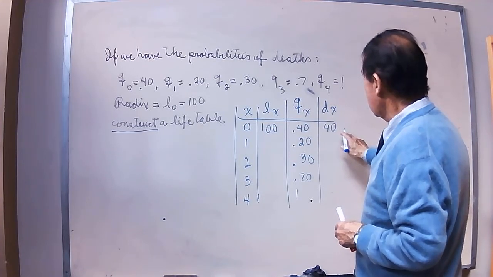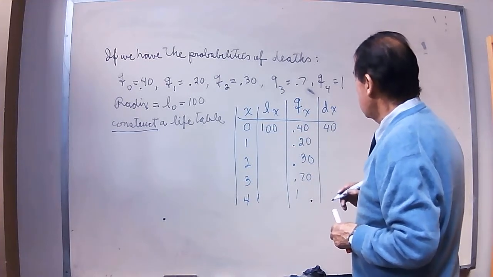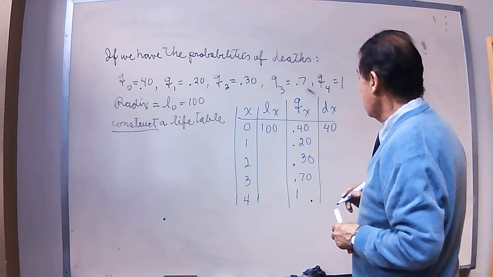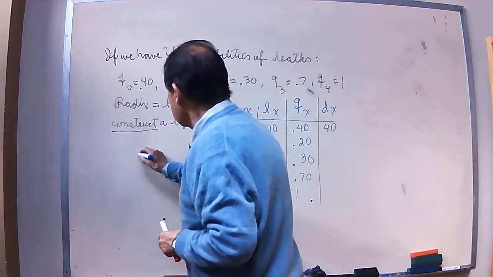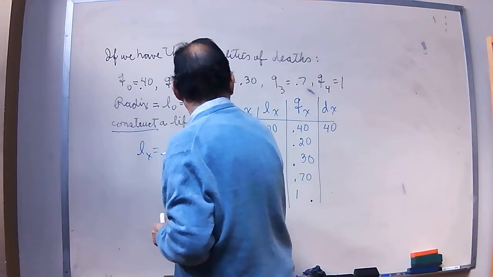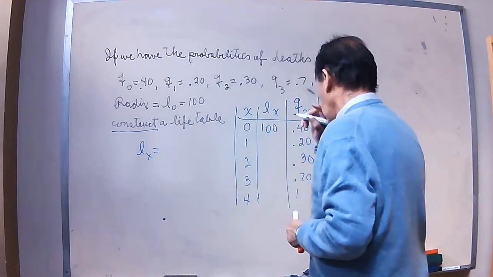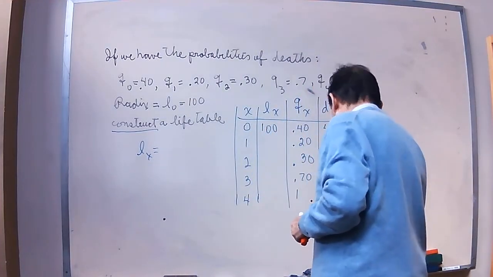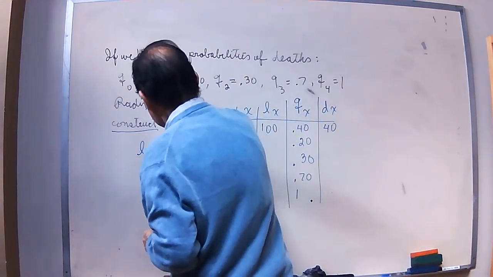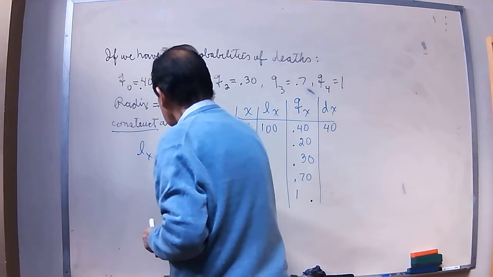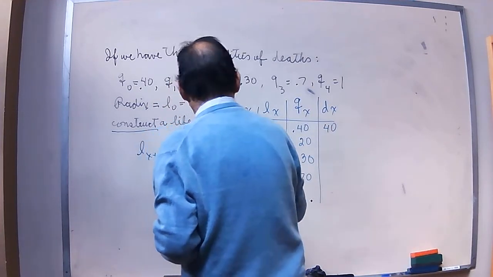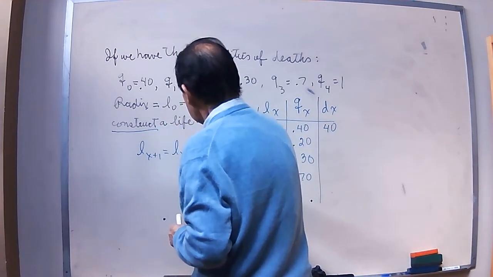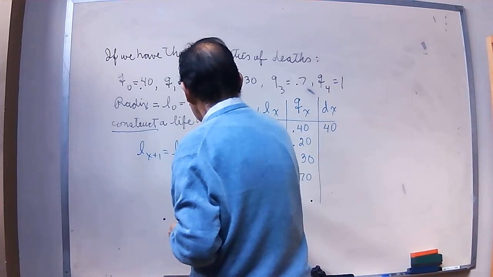And for the next line, we will have that Lx plus 1, the next age, is equal to Lx less the number of people who will be dying.